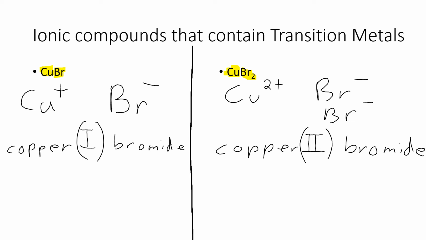So these transition metals and the Roman numerals, this is what starts to add a little bit of complexity and difficulty to dealing with the nomenclature compared to what we were dealing with before. The key thing with the Roman numerals is knowing what the Roman numeral is telling you.